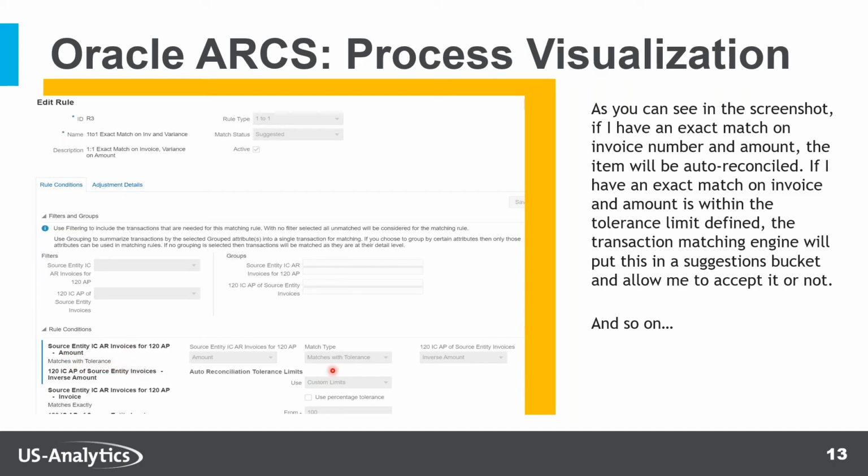In this particular example, we've got it set up as $0, but if you had it set up as $1,000, if it's within $1,000, we want to go ahead and auto reconcile it. And we're matching it here with our inverse amount. If we've got the invoice numbers on there, we want it to match exactly. We want no exceptions there.